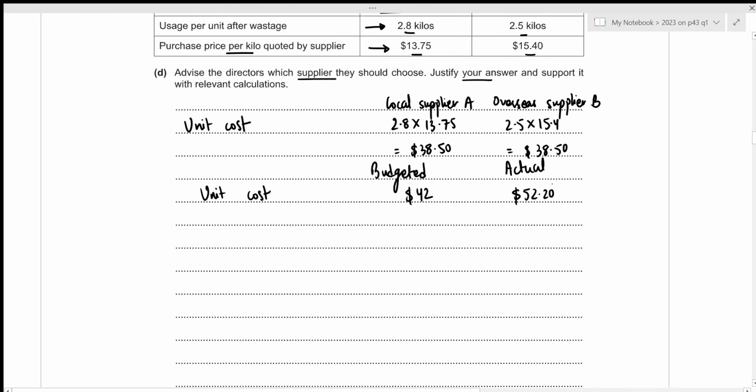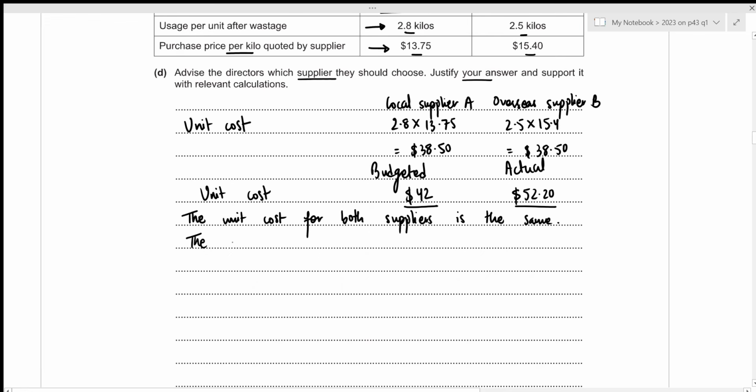Okay, so the very first observation that we can make is that the unit cost for both the suppliers is the same. Then the next observation that we can make is that the unit cost quoted by these suppliers will be lower than our budgeted cost as well as the actual cost.